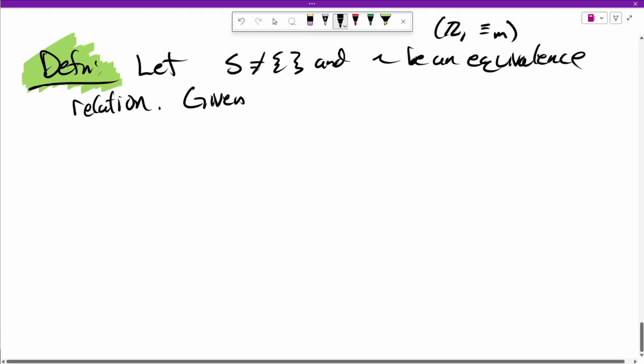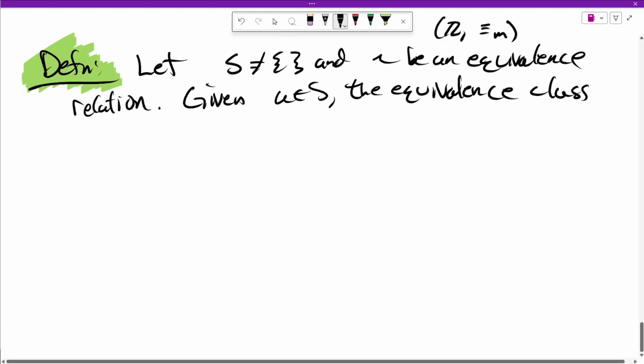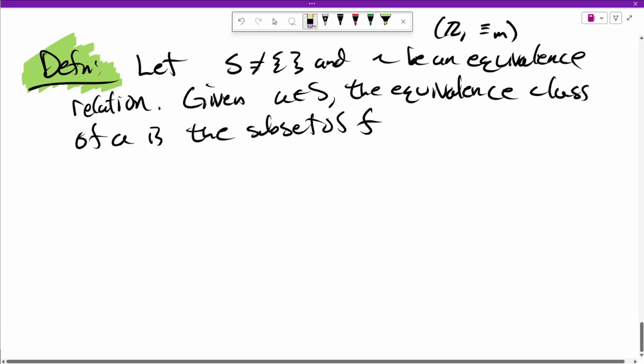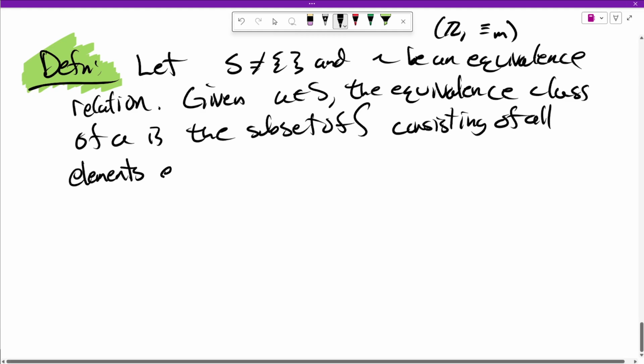Given an element A in S, the equivalence class of A is the subset of S consisting of all elements equivalent to A. So when we have an equivalence relation and a fixed element, we take all the other elements that are equivalent to it and put them in a set.